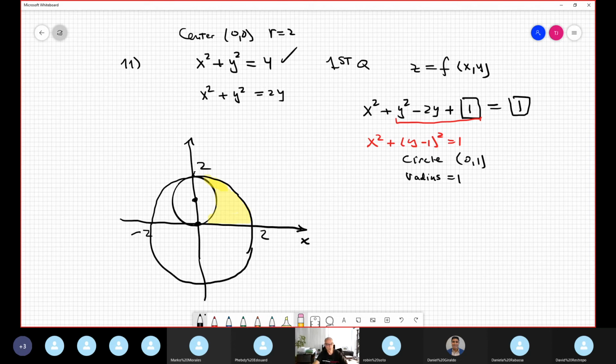Okay, so first of all, step one, determination of the region. I need to understand the region first. Okay, now make a decision. I set out the double integral. And what do you think? Do you set it out in Cartesian or in polar?